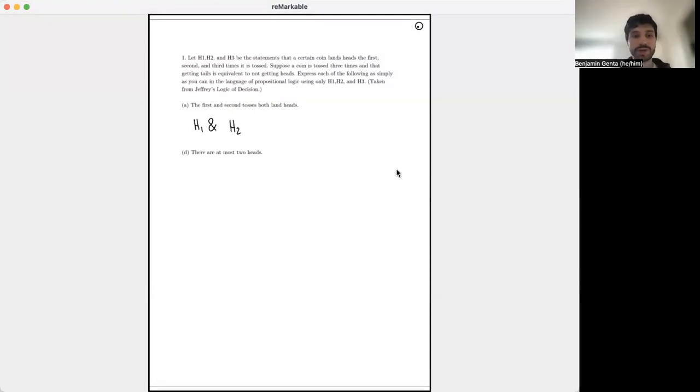Now, the more interesting one is, how can we express that there are at most 2 heads? At most 2 heads, what does that mean? Let's write it in words. We can have either the case where we have 1 heads, or we can have the case where we have 2 heads.